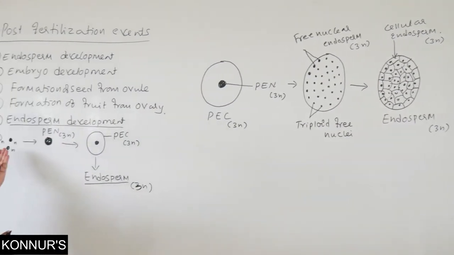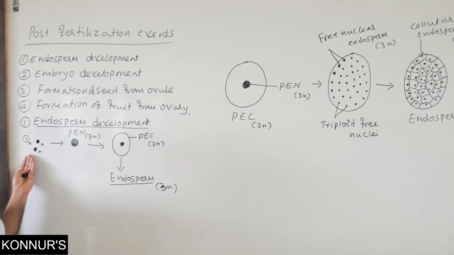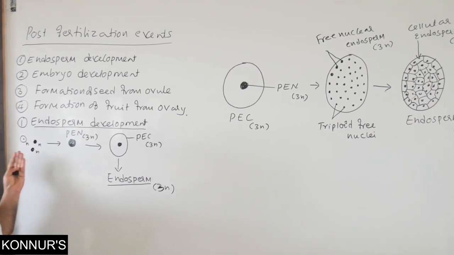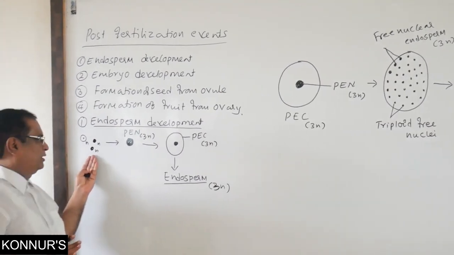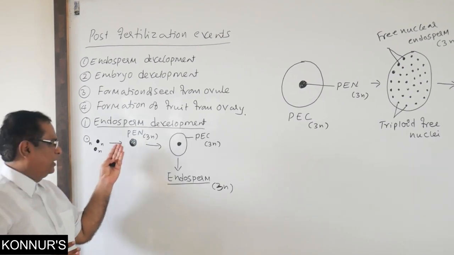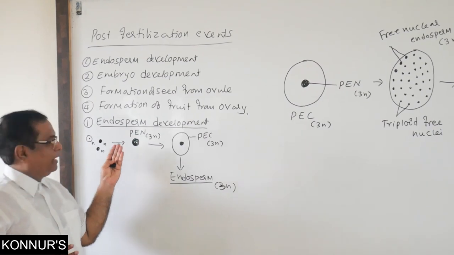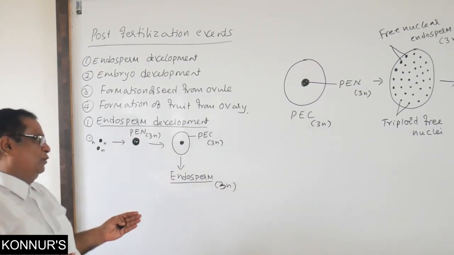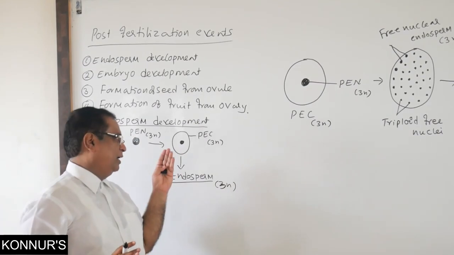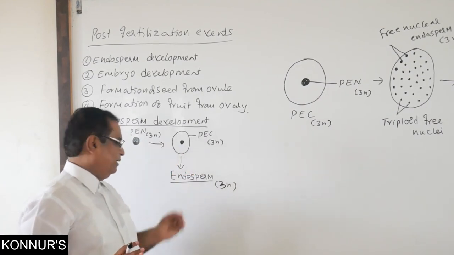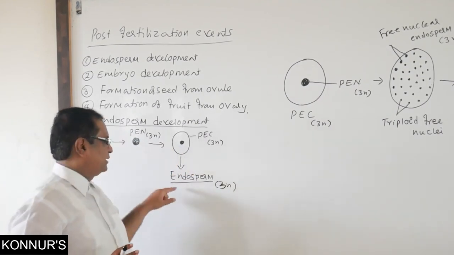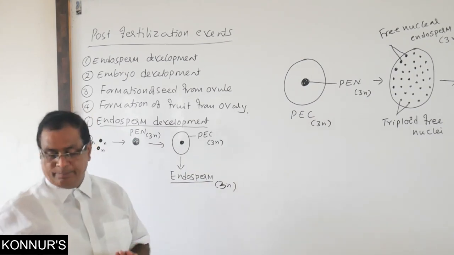See here, three haploid nuclei are fused during triple fusion, leading to the formation of primary endosperm nucleus, which is triploid, and this primary endosperm nucleus becomes primary endosperm cell, and from this endosperm is formed. How?